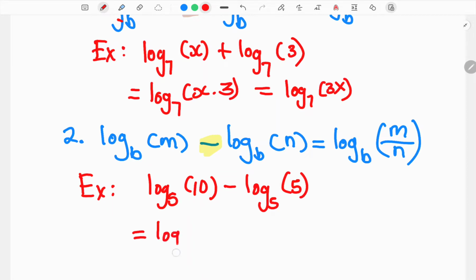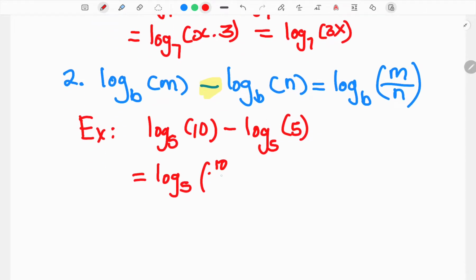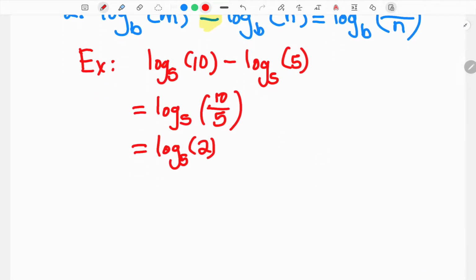You have log base 5, and for the inside you say 10 divided by 5. 10 divided by 5 is just 2. So you have log base 5 of 2. That's how you would simplify something like this.